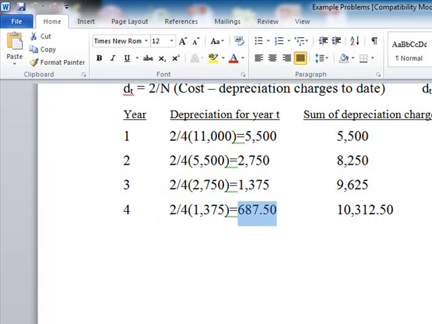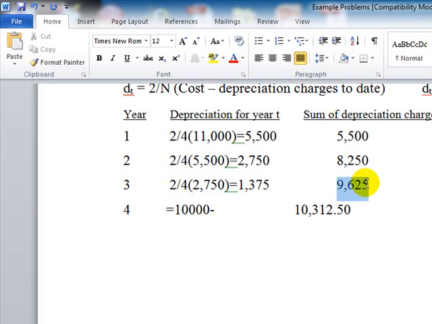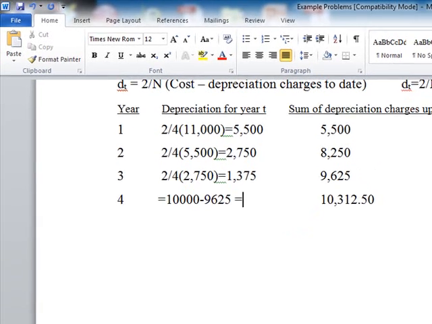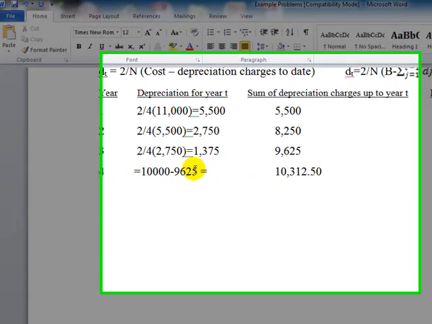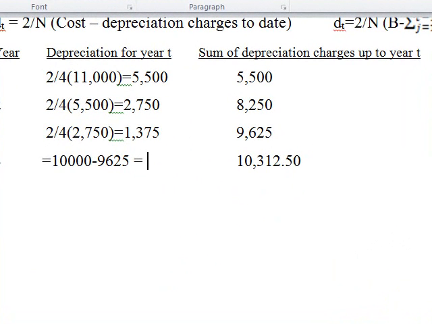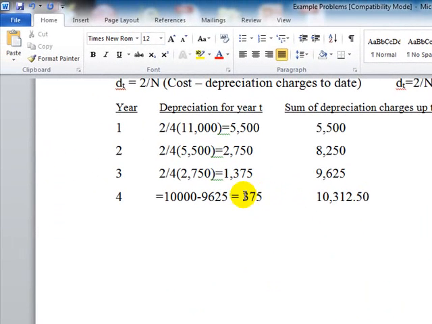What we need to do for the fourth year is use the total depreciation, which is 10,000, minus the total depreciation for the first 3 years, which is 9,625, right? I believe that gives a value of $375, right? So that's for the final year.